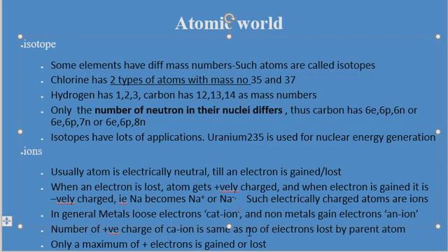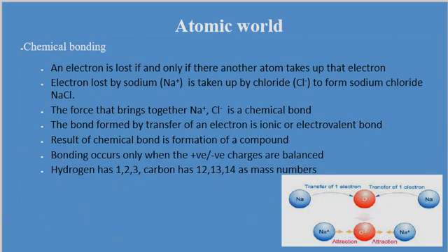The number of negative charges of an anion is the same as the number of electrons gained. Now, how many electrons can be gained or lost is limited. You cannot have 100 electrons gained or lost. You can have only up to 3 electrons lost or gained.